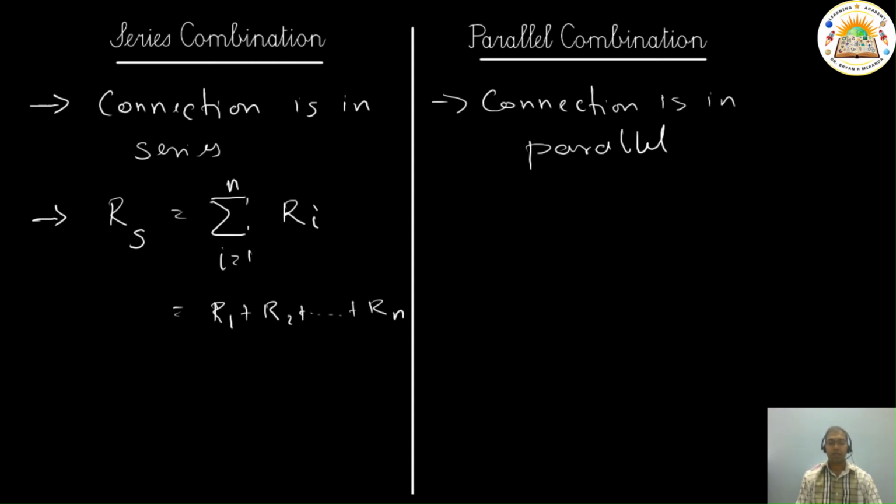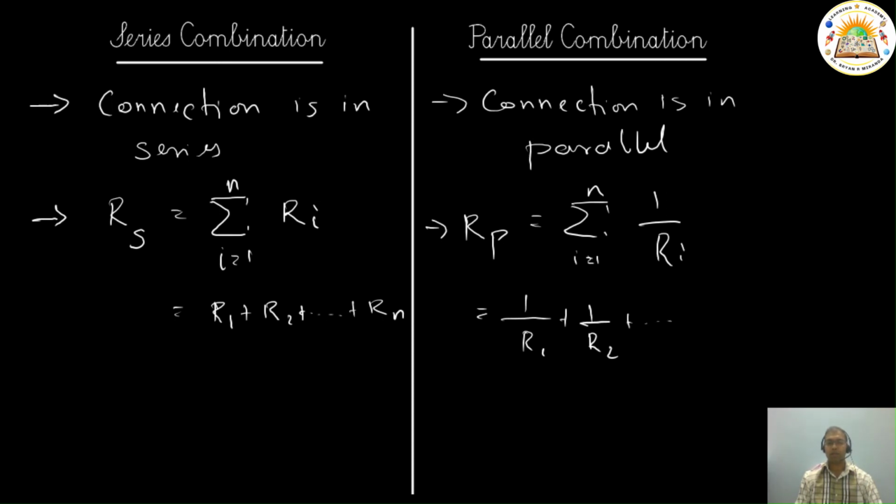So this is the general expression that we use for series combination. Similarly, for Rp, I can write it as summation 1 by Ri, i varying from 1 to n. That means I am looking at 1 by R1 plus 1 by R2 plus etc. plus 1 by Rn.